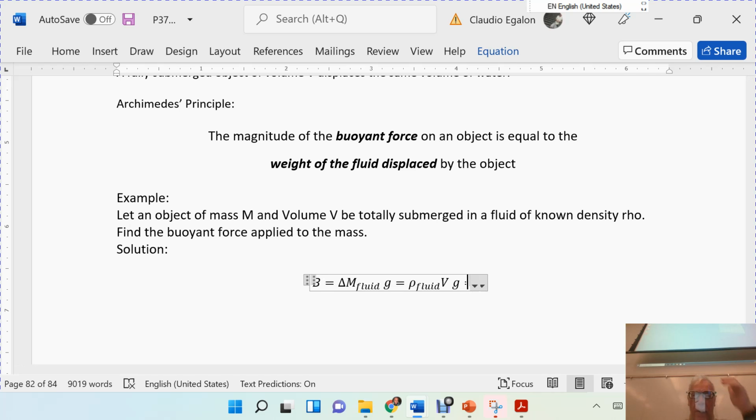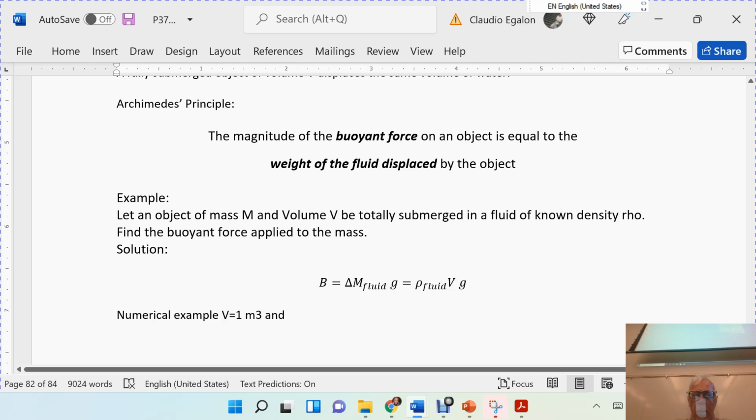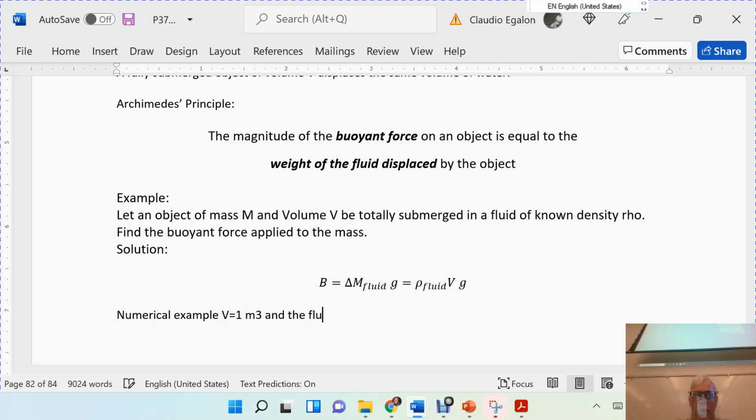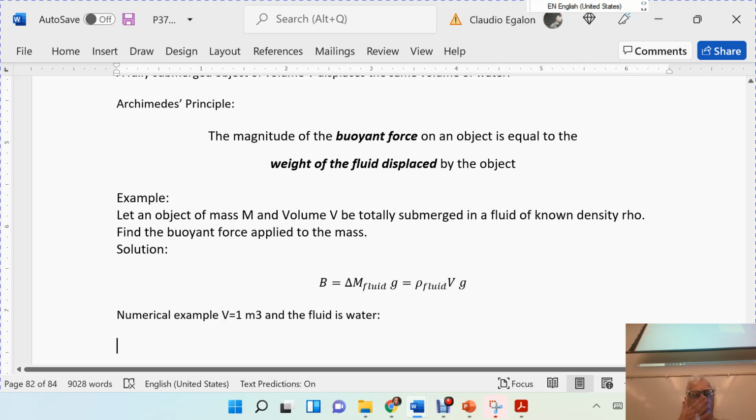So we can do a numerical example. V equal to 1 cubic meter, and the fluid is water. What do we get?